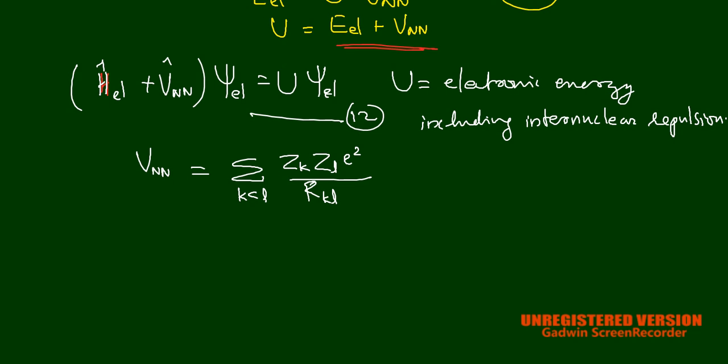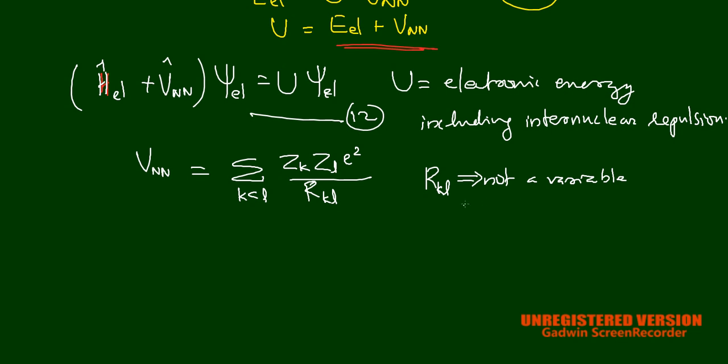But we have to understand that when we are solving equation number 12, the internuclear distance RKL is not a variable. That's very important. This RKL, the distance between the kth nucleus and lth nucleus, is not a variable when we are solving this Schrodinger wave equation.